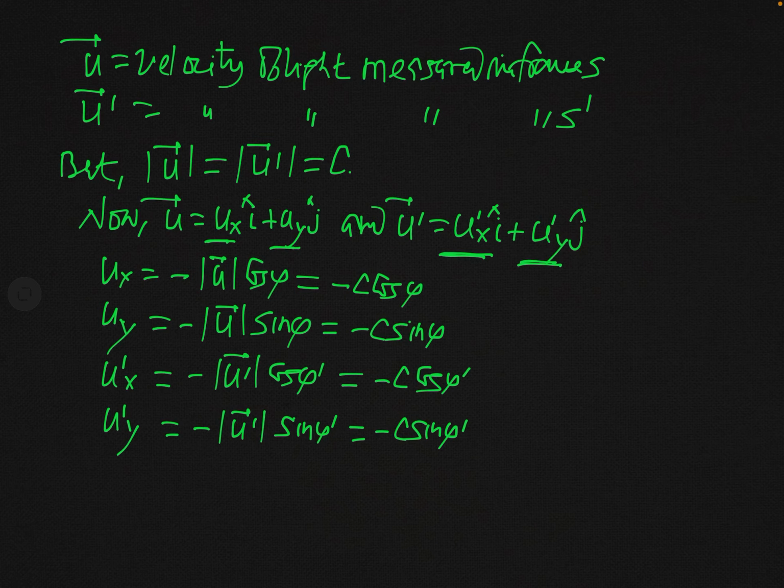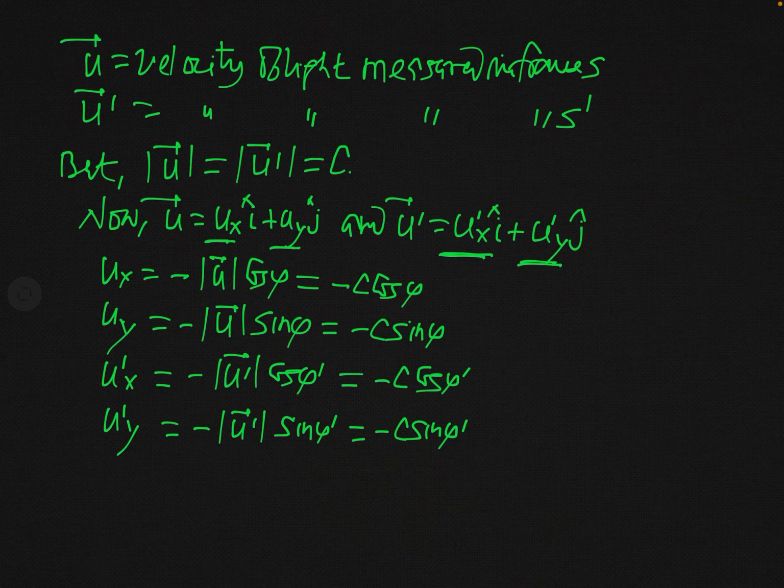Now, as you have seen in the definition of aberration of light, in accordance with the definition, the angles phi and phi prime should be different, because these two angles measure the direction of propagation of the light ray as measured by the observers O and O prime, and aberration means these directions should be different.